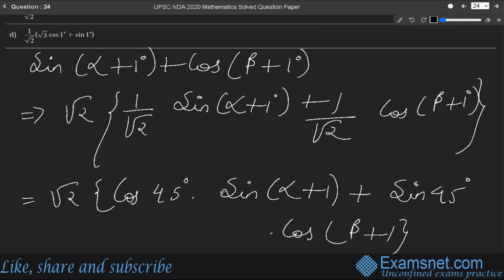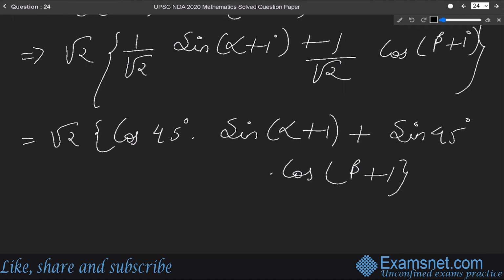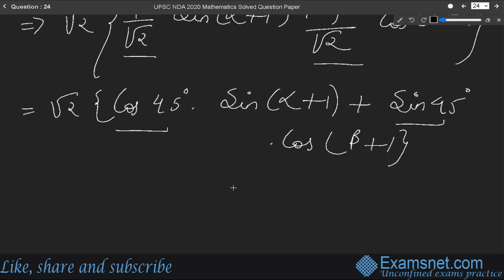In this step, what I have done is I have multiplied and divided this term by root 2. And after that, I know that the value of cos 45 is 1 by root 2 and the value of sine 45 is 1 by root 2. So just replace the values. Further solving, it will be root 2 sine alpha plus 1 plus 45.